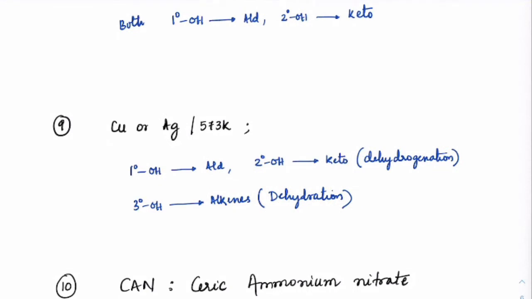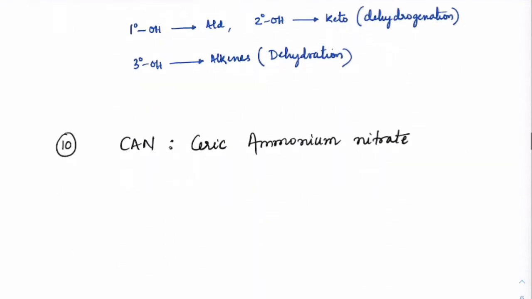Ceric ammonium nitrate test. Let me remind you once again, if you take primary alcohols, it will convert into aldehydes. If it is secondary alcohols, it will convert into ketones. In both cases, we are seeing dehydrogenation happening.